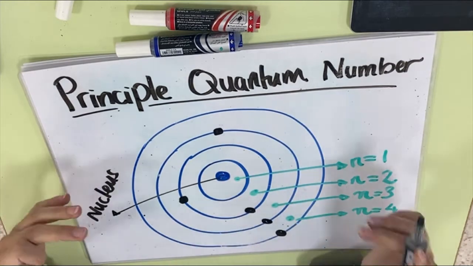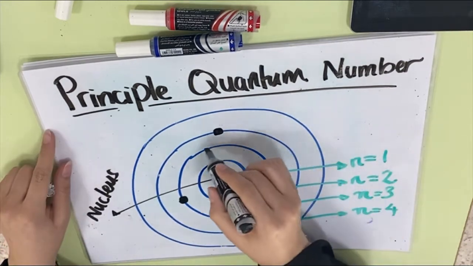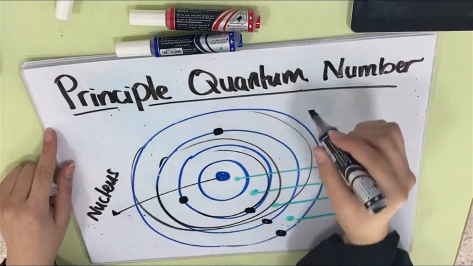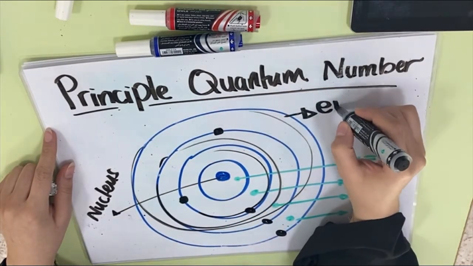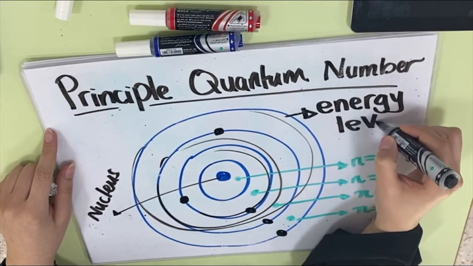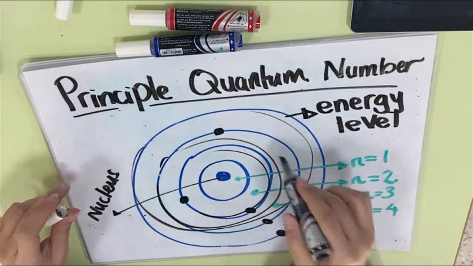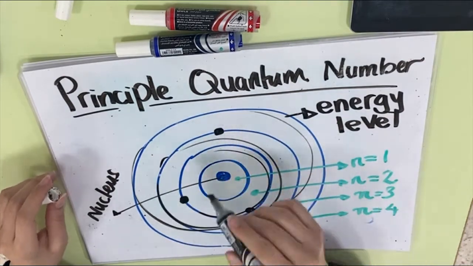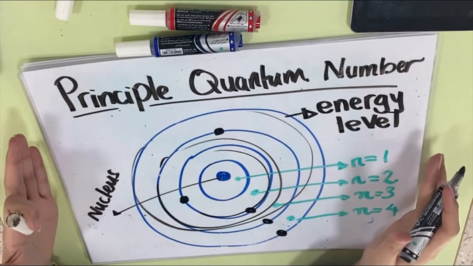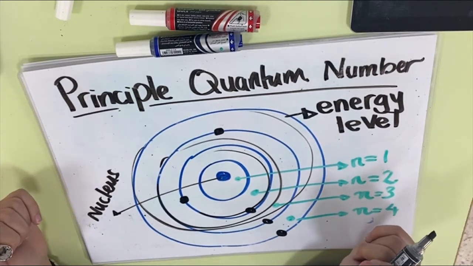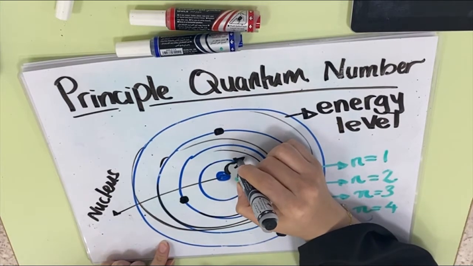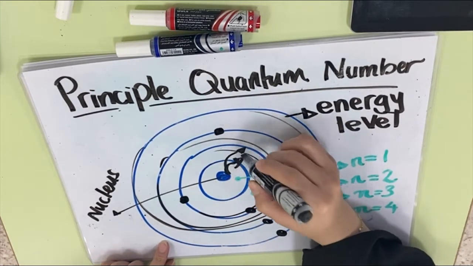These circles that electrons orbit in are referred to as energy levels. I hope this point is clear. Electrons roam around in levels, different circles, and these are referred to as electron energy levels. The farther I want to go from the nucleus, the more energy it takes, okay?